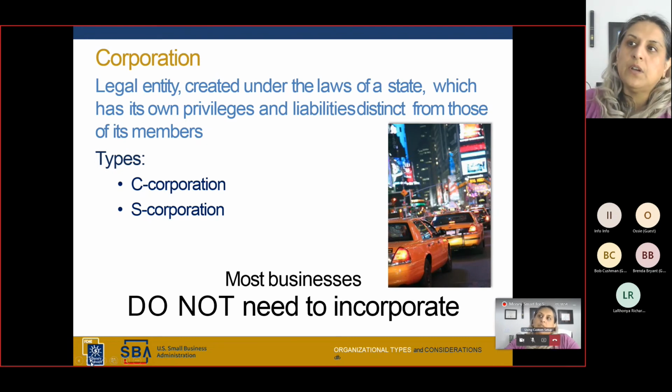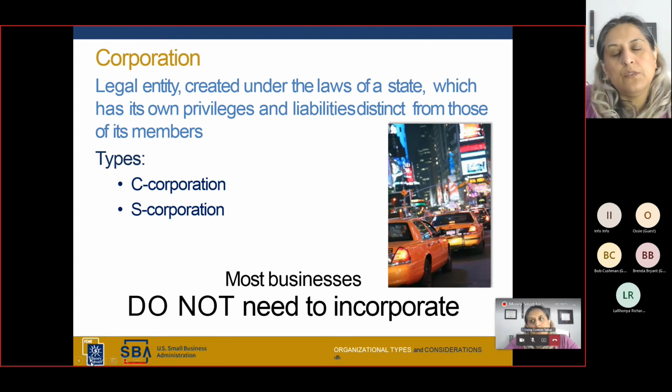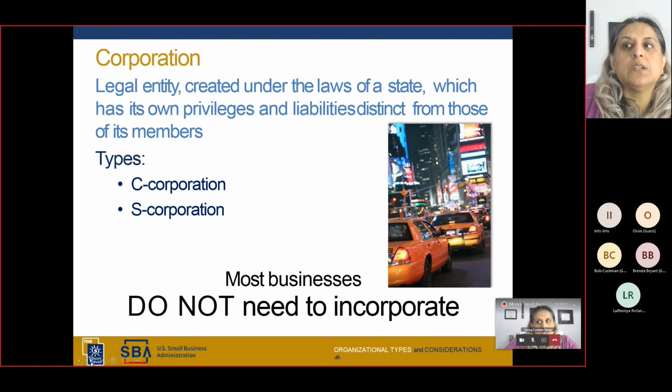Thus, owners are shareholders who receive or purchase stock in the corporation. Shareholders typically have various rights, including the right to elect directors, receive information, inspect corporate records, vote on fundamental business decisions such as mergers and liquidations, and share in dividend distributions.